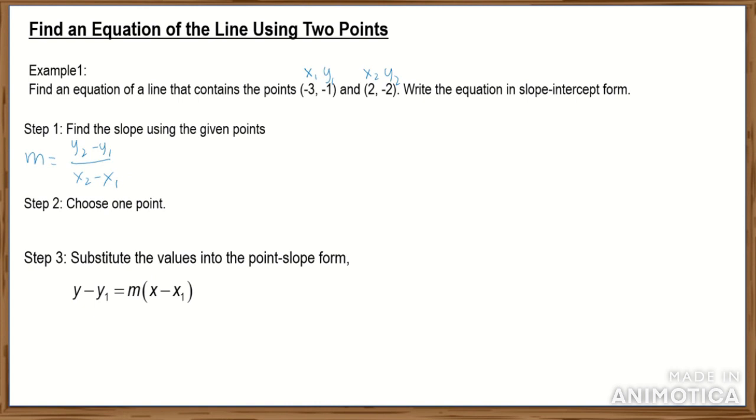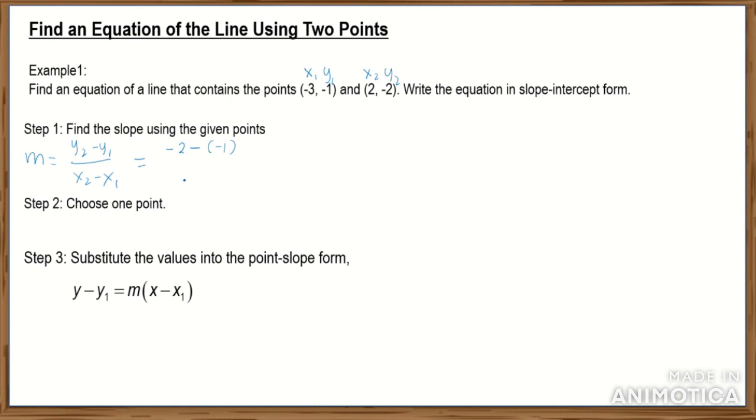So y sub 2 minus y sub 1 is what we call the change in y, and x sub 2 minus x sub 1 is the change in x. That is why we need to subtract the coordinates. Equals. So we substitute our y sub 2, which is negative 2, minus our y sub 1, which is negative 1, so do not forget to enclose it in a parenthesis.